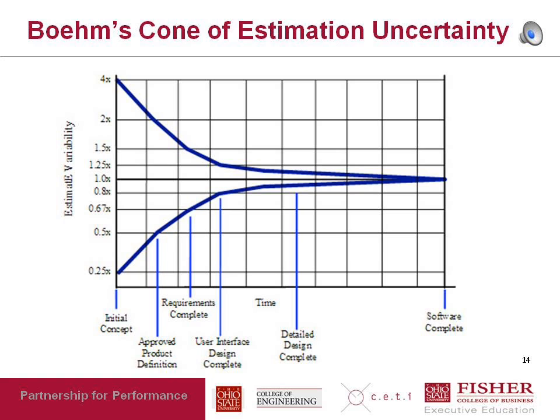As you go through the various milestones in the project, your estimate will be more and more based on fact, and therefore the variability in the difference between the actual time or effort and the estimate will continue to shrink.